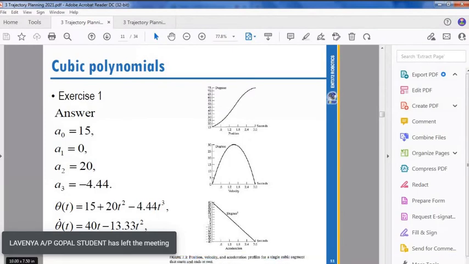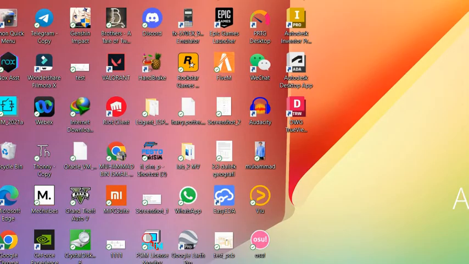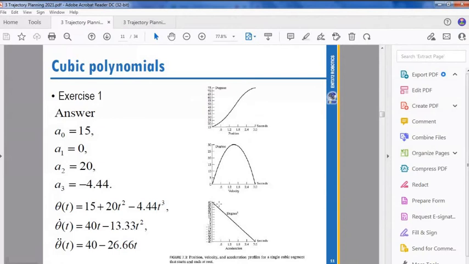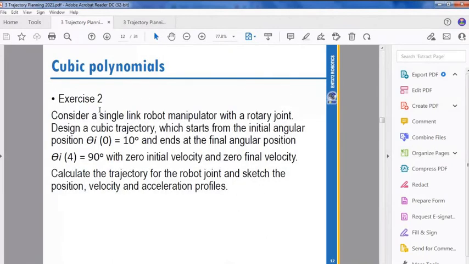You replace t inside the acceleration equation, so you get acceleration over time. Acceleration value.